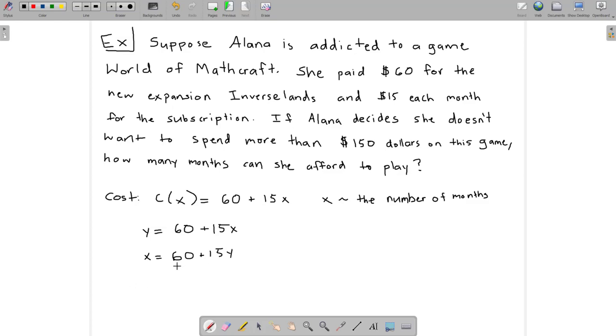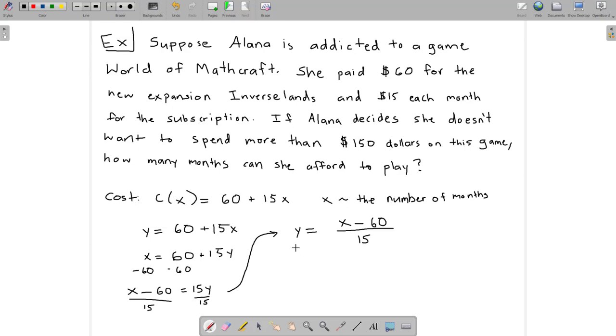So I'll take my 60 to the other side. x minus 60 equals 15y. Then finally I need to divide by this 15. y equals x minus 60 divided by 15.